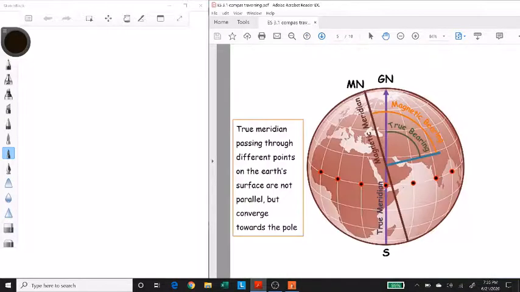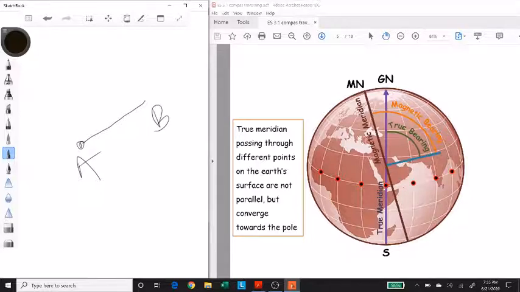If you see over here, if this line shown in blue is your survey line, and you place your compass over here, and you view the point B through your compass, through the object plane or sight plane, let's say the north is over here, it will give you this bearing.